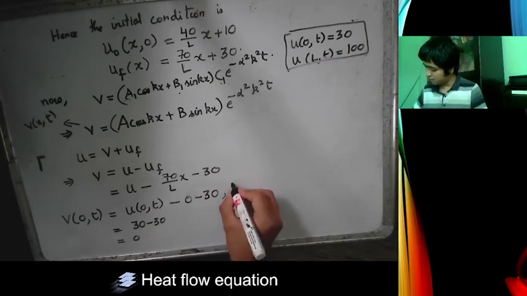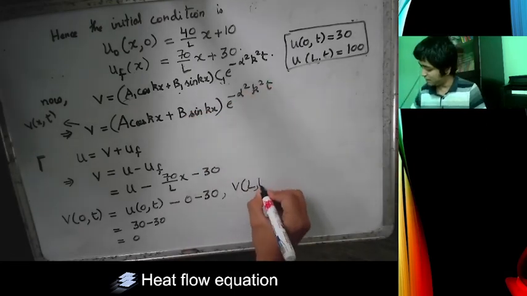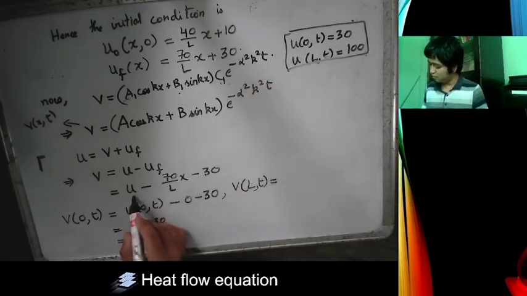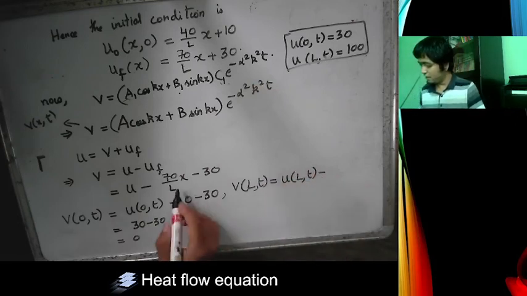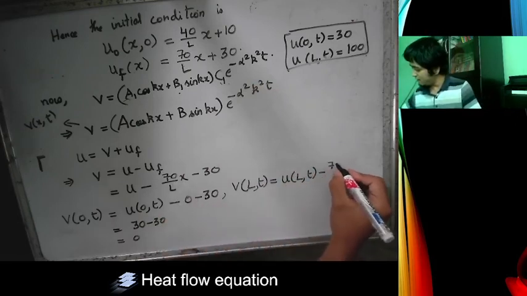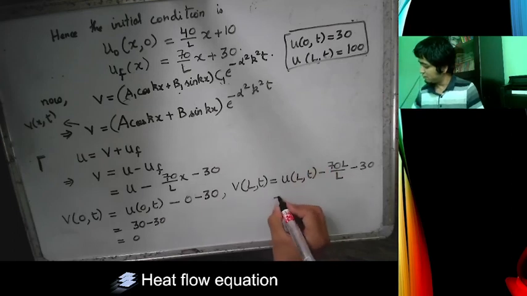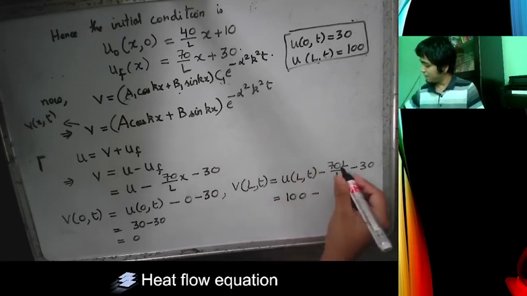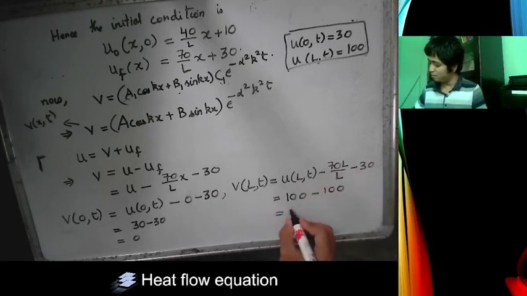And now let us also find it for the right boundary, V(L,t). Again, it will be u(L,t), minus 70L by L minus 30, and u(L,t) is equal to 100, minus 100. If you simplify, it will be 0.